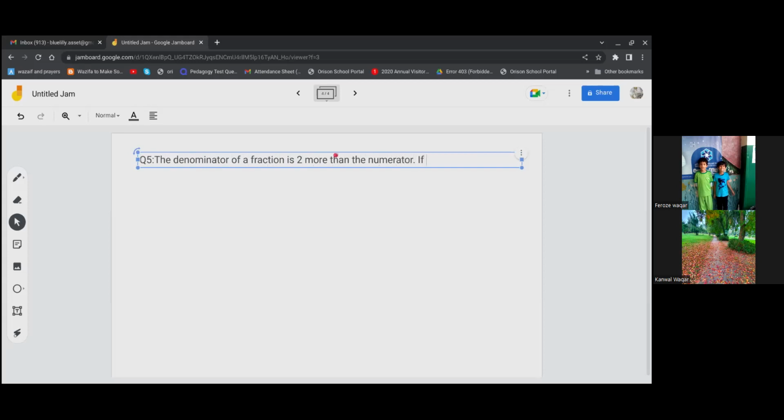If 1 is added to both, the fraction reduces to 4 by 5. Find the fraction.